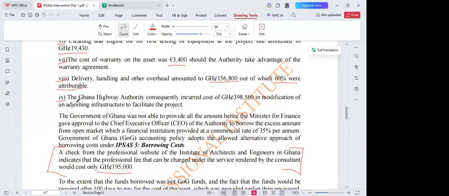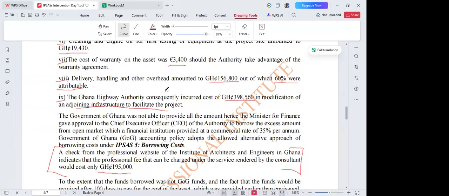Go to IX. The Ghana Highway Authority incurred a cost of 398,560 in modification of the adjournment infrastructure to facilitate the project. Will I compare it? Yes. Why?